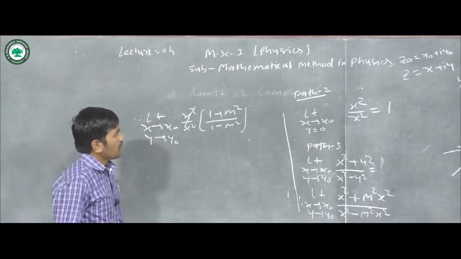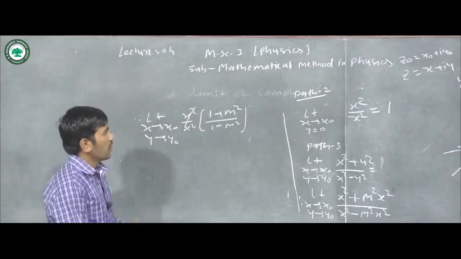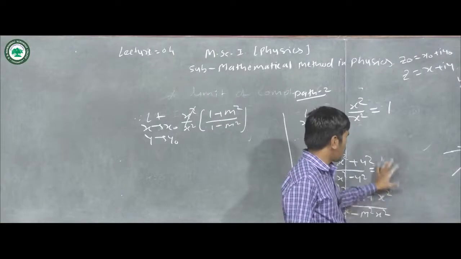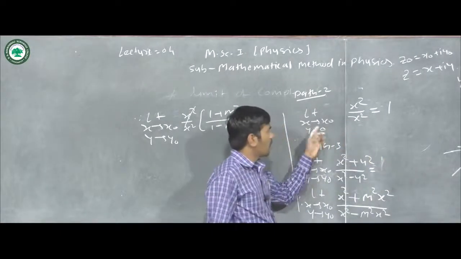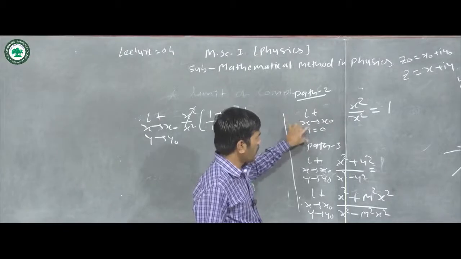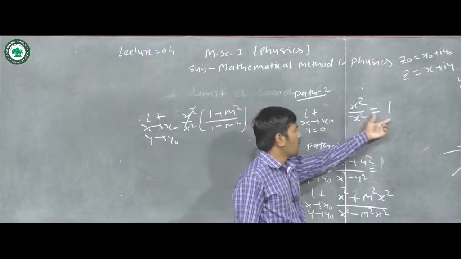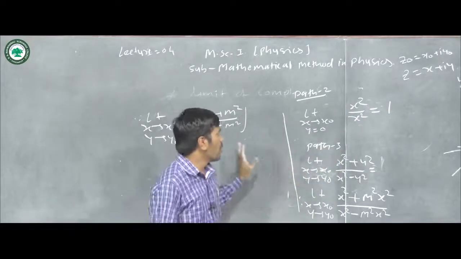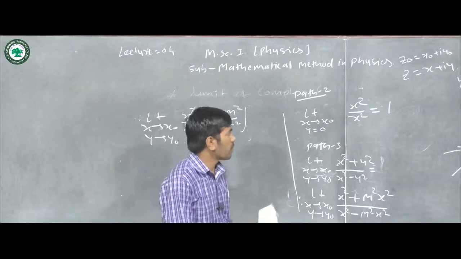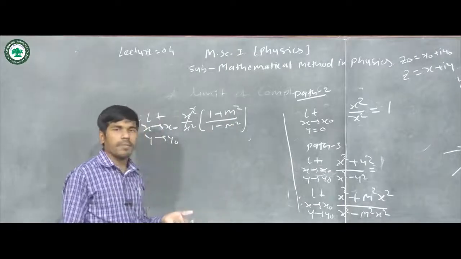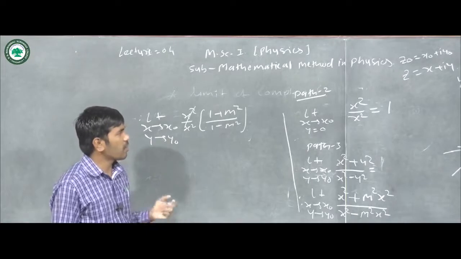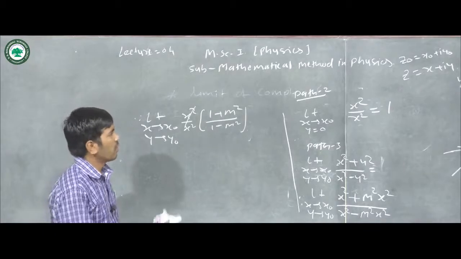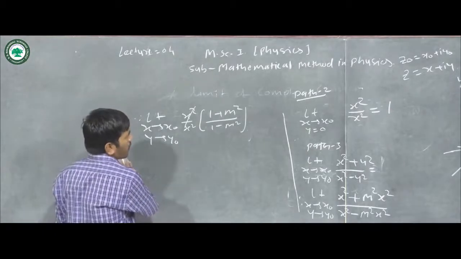Now you understand: if we approach from different directions and the results are different, then we can say the limit does not exist. And if the result is the same, then we can say this limit exists for this function. So I hope you got this point, the limit of complex functions.